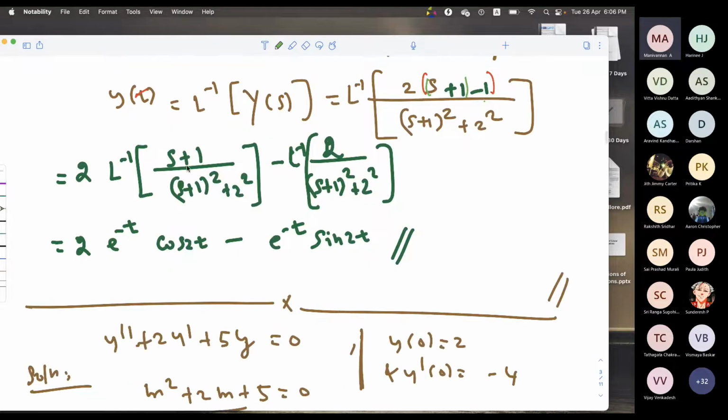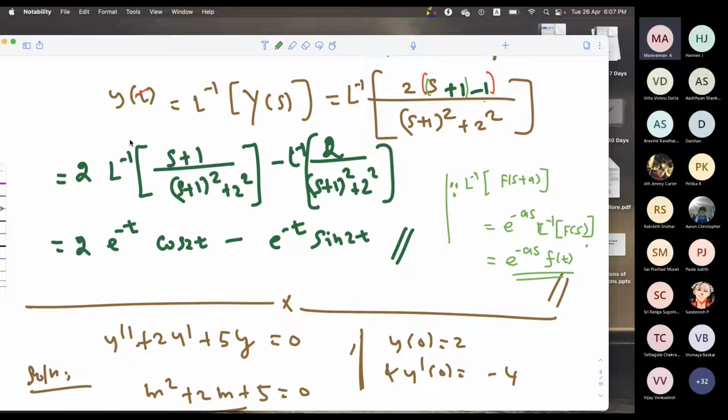So from this we know that L inverse of f of s plus a, if it is there, then e raised to the power minus at remaining L inverse of your f of s, it's nothing but e raised to the power minus at into f of t. Okay, so this is the function value.